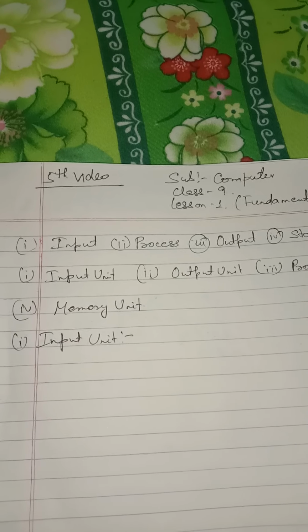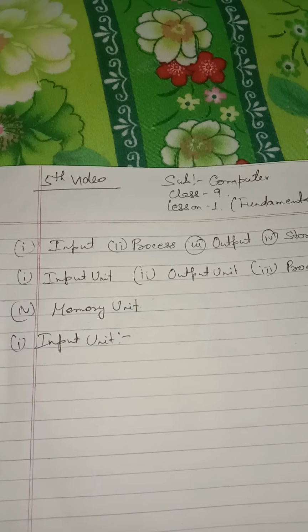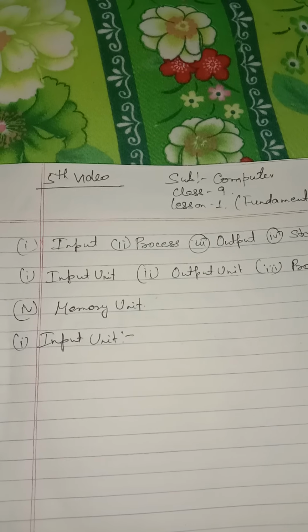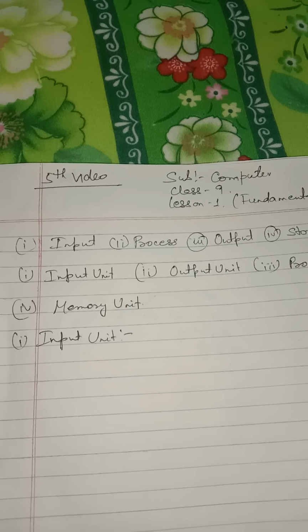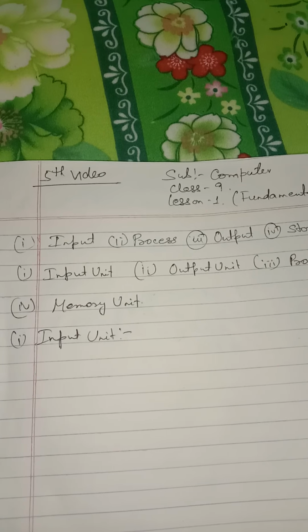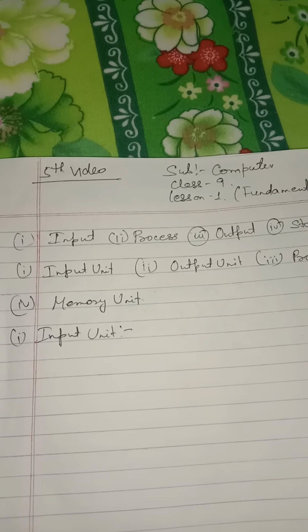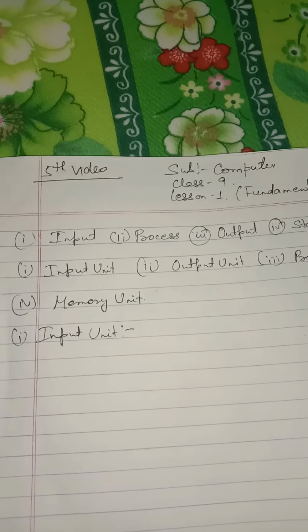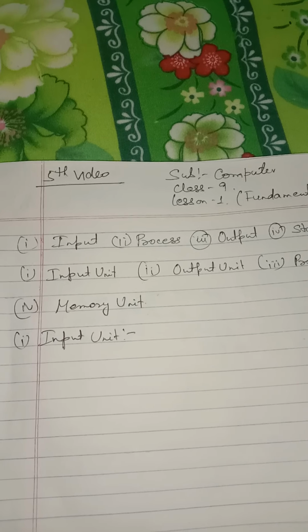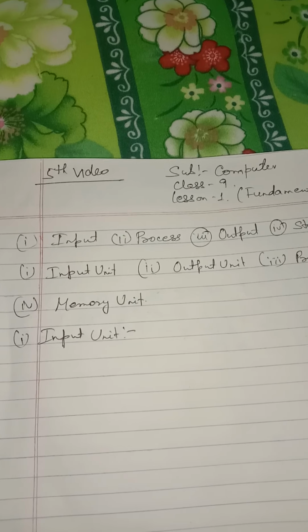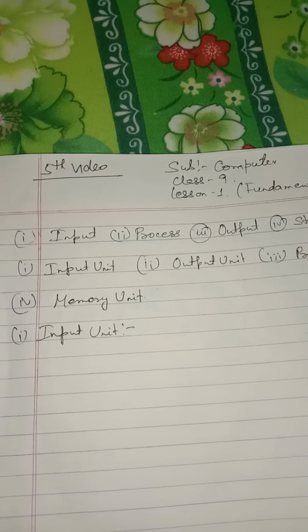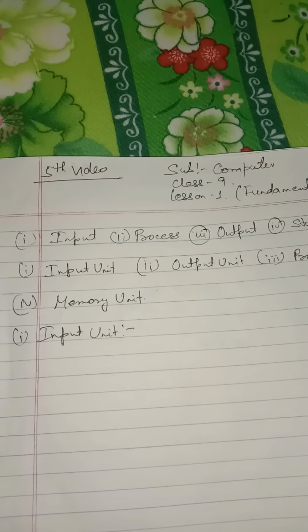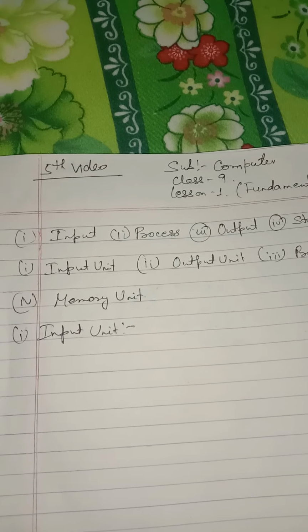Can you name any 5 input units? Let me tell you, the 5 different input units are mouse, keyboard, microphone, joystick, light pen or stylus. The other name of light pen is also stylus. So these are the 5 different input units with the help of which we generally give input to the computer.